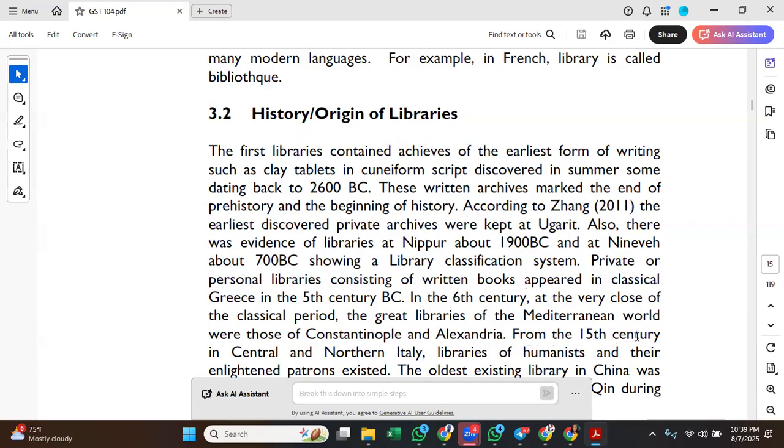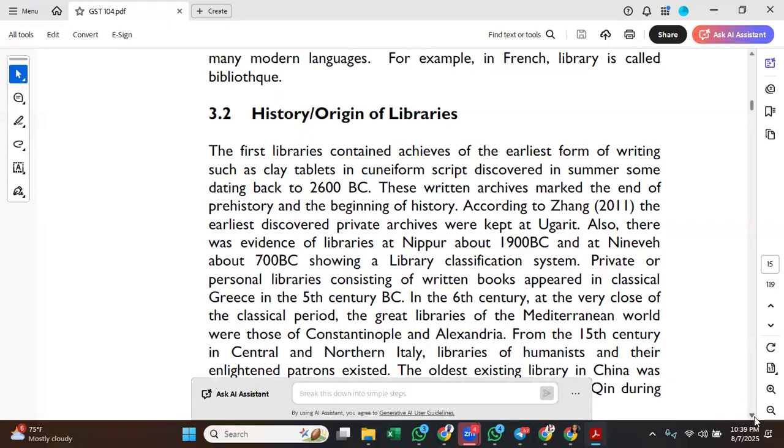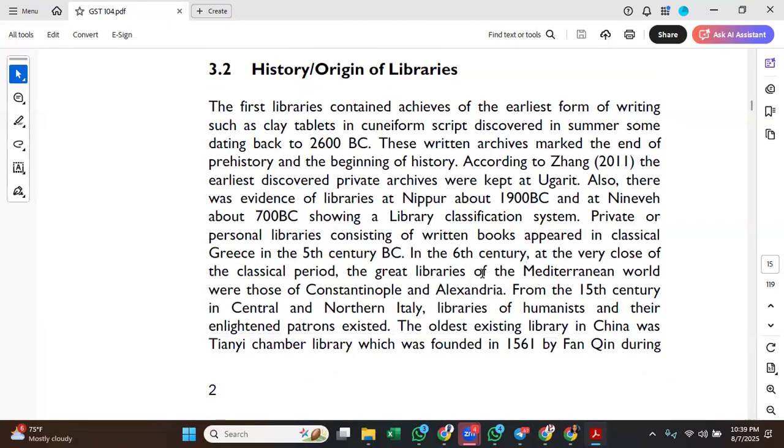So that is for the 6th century. The Mediterranean world, Constantinople and Alexandria, they existed in the 6th century. I just think you need to put some of these names in your mind, and then the dates. That is the most important. It's just the history of the library for you to know a bit of where it's coming from.